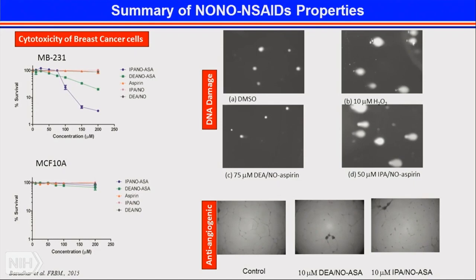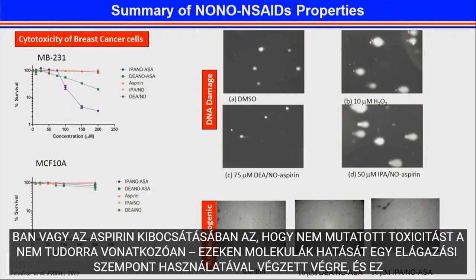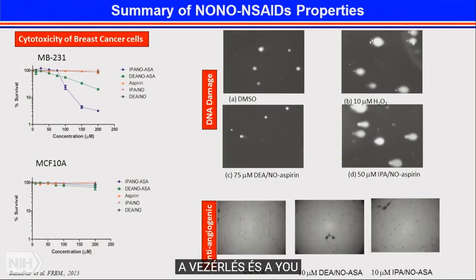Then we looked into the effect of these molecules on angiogenesis using a HUVEC branching assay. This is the control, and as you can see, it shows branching, and this branching was inhibited by addition of a low dosage of dino and ipano aspirin molecules.